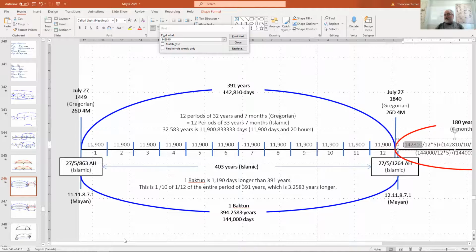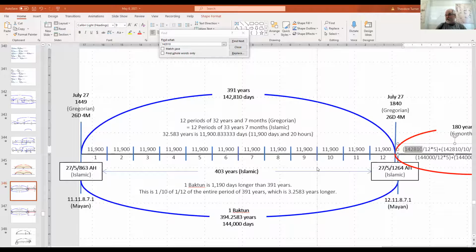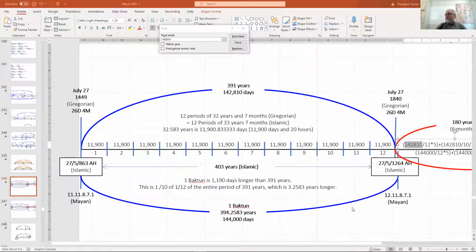Now, is there any relationship between 64 years? So I'm just gonna do 64. Gives us 23,375 and a half days plus we need 8 months.